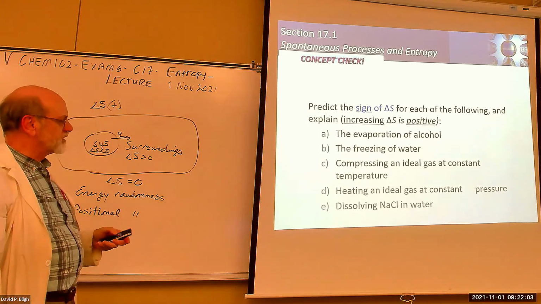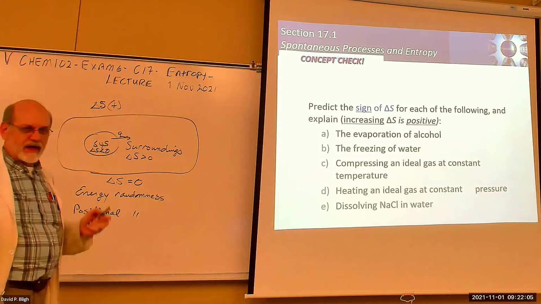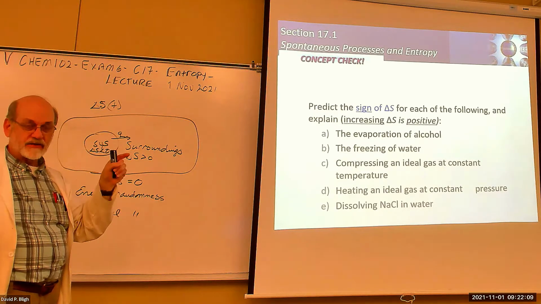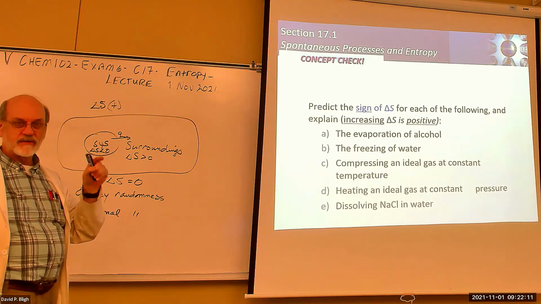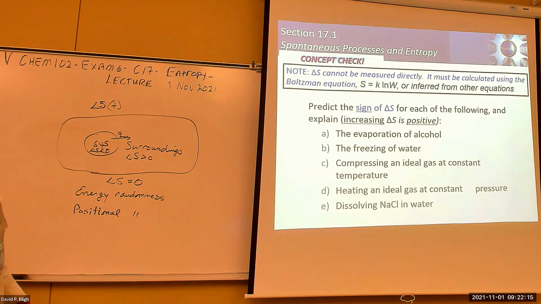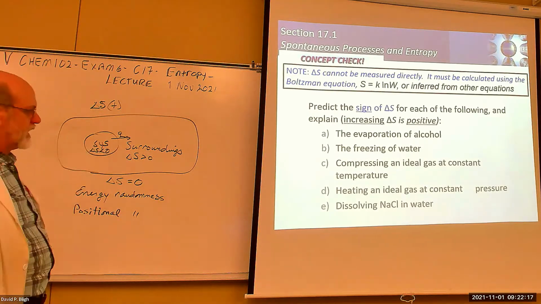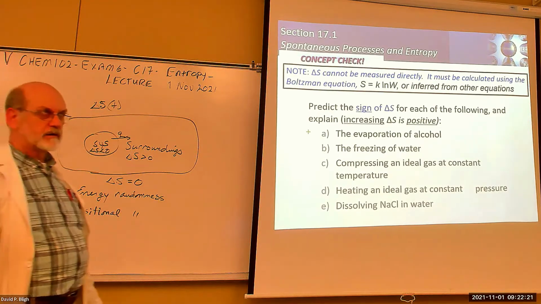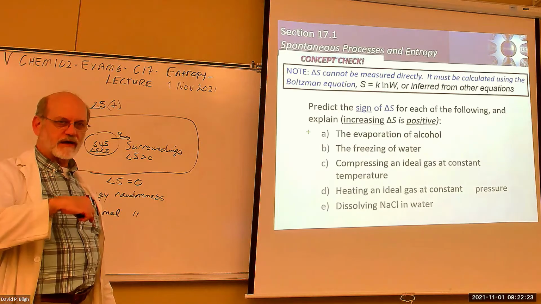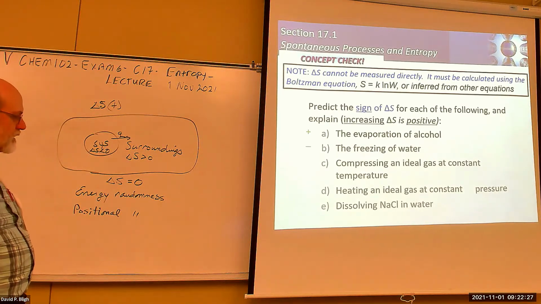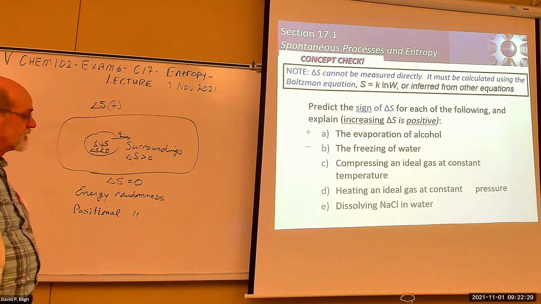The evaporation of alcohol. Okay, alcohol is going from a liquid to a gas. So its randomness is increasing, right? It should be positive. Freezing of water. So it's going from a liquid to a solid, should be negative. Compressing an ideal gas at constant temperature.